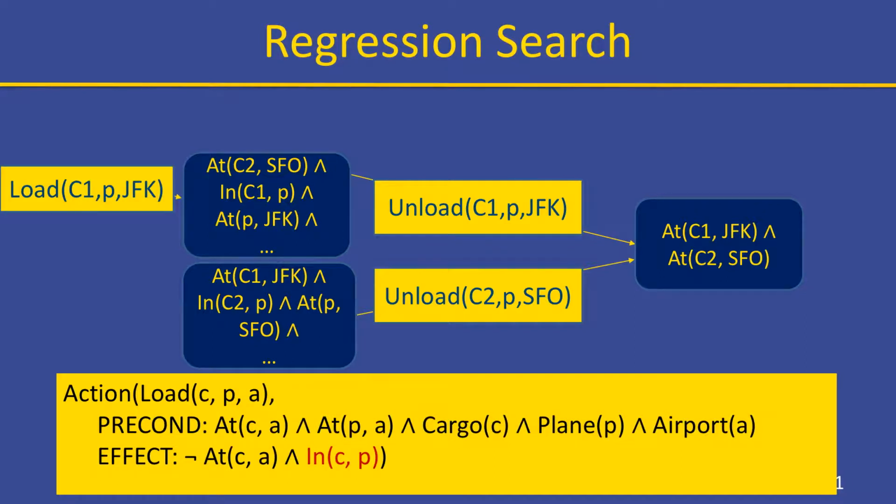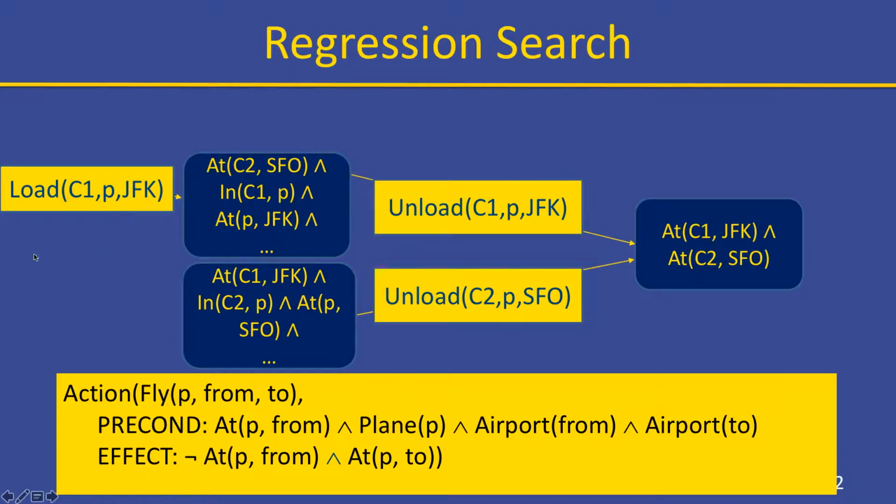So here we find that the load C1 P JFK action is relevant because its effect, in C P, unifies with in C1 P, which is an element in this state here. And then we can also find that the fly action is relevant because at P2 unifies with at P JFK.